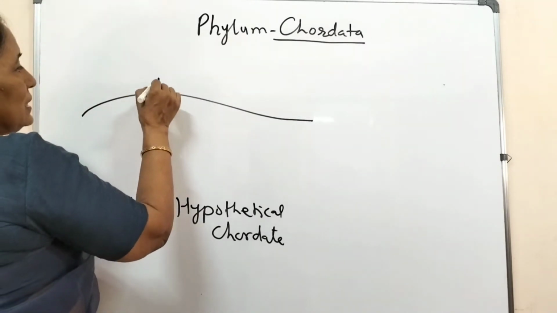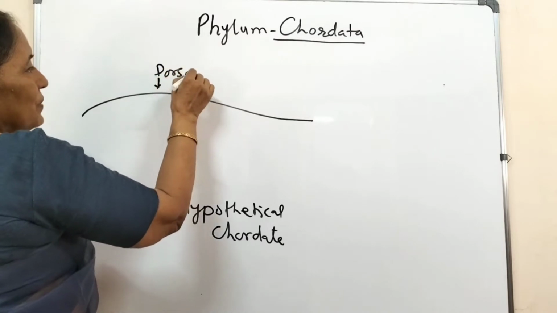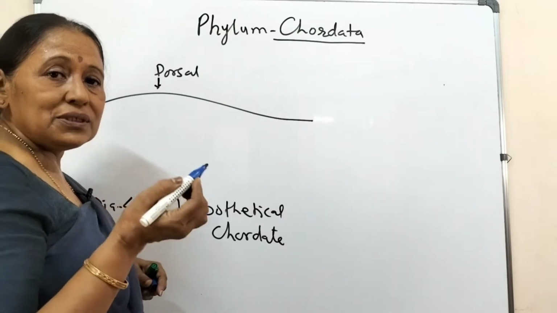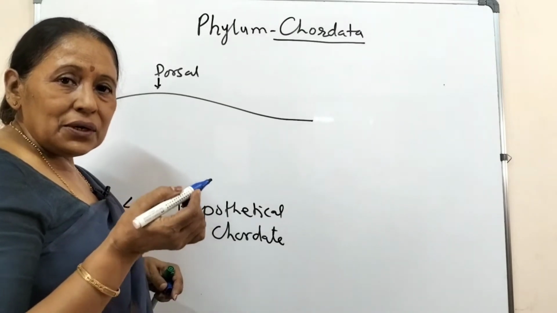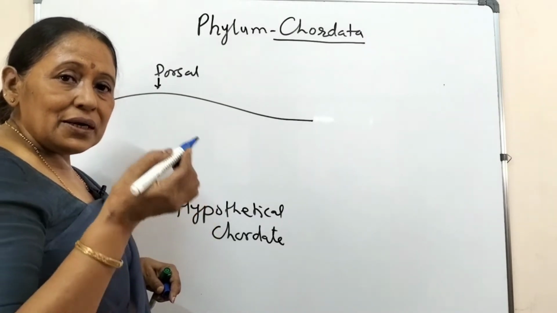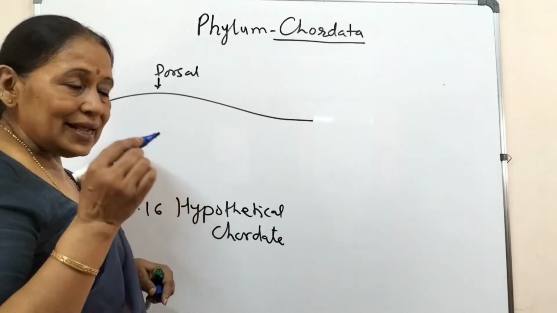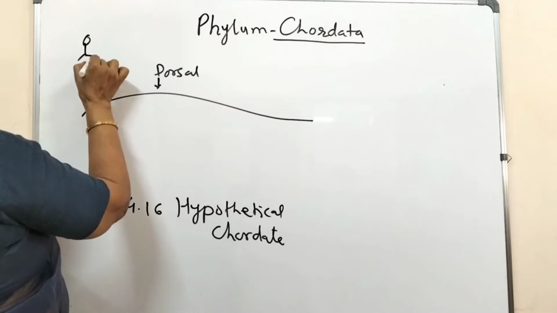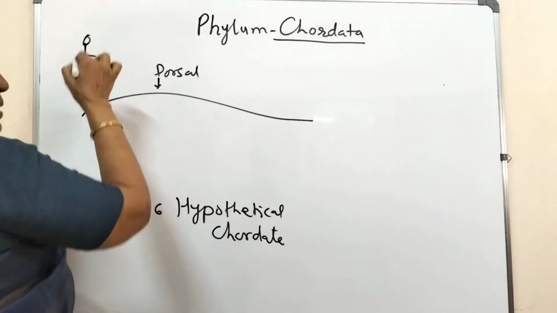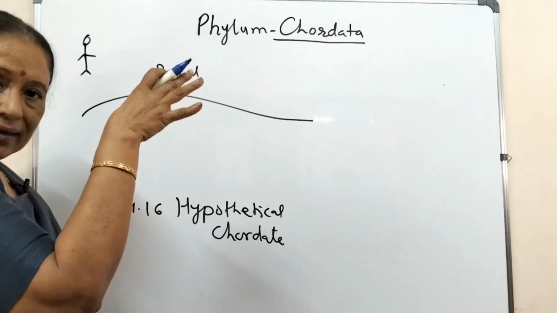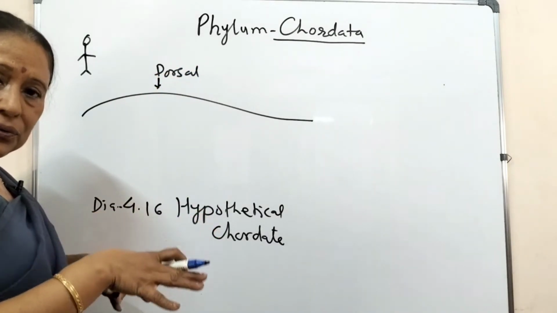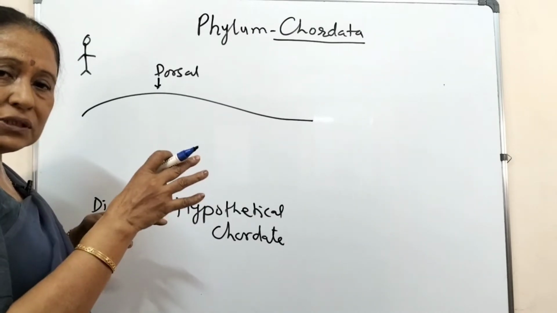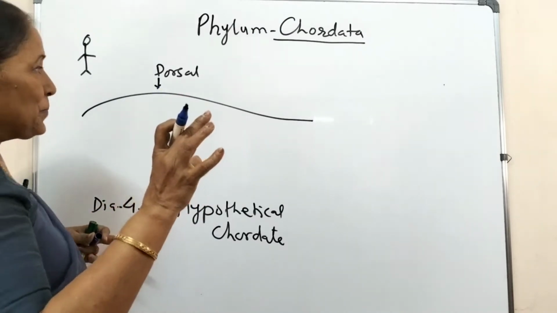This is its dorsal side. First you need to know what the dorsal side is, because we will be using this word very often: dorsal tubular nerve cord, dorsal tubular notochord, etc. What is this dorsal side? If we draw, this is a human being. We human beings are erect. We are standing on our 2 feet and we are using our 4 limbs for holding things.